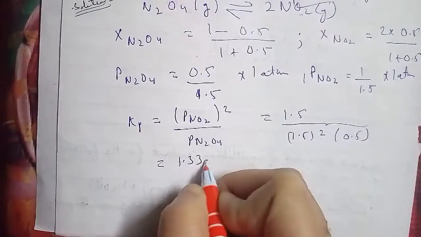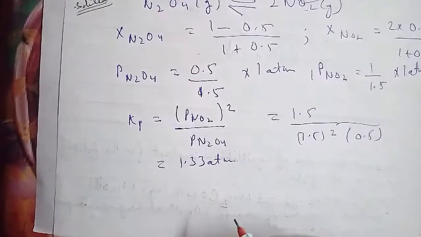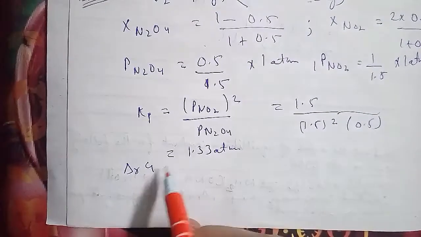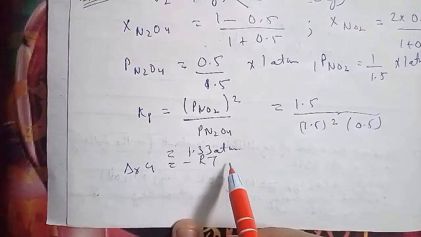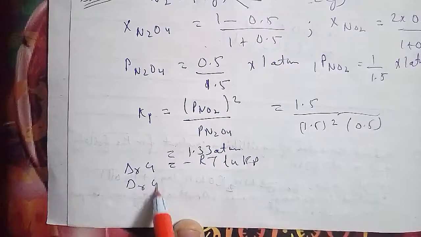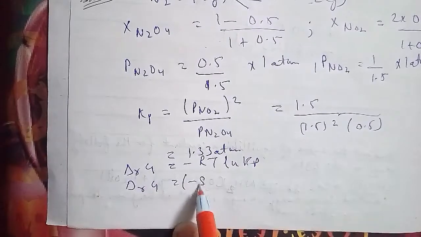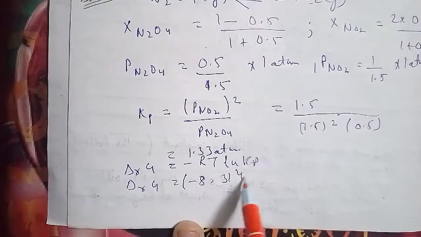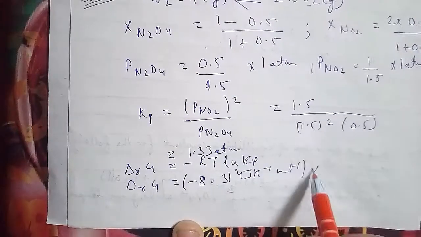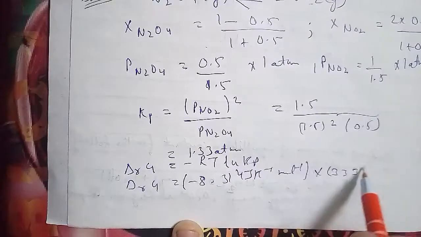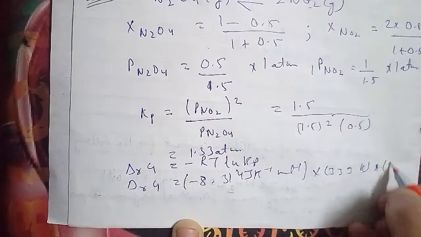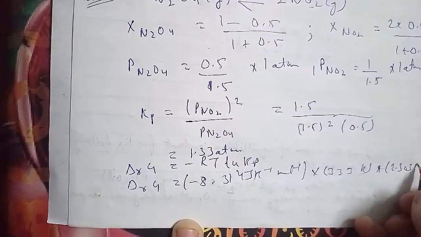So ΔrG will be minus 8.314 joule Kelvin inverse mole inverse, multiplied by 333 Kelvin, also multiplied by 2.303, and then multiplied by 0.1239. It gives you the answer that ΔrG here is minus 63.8 kilojoule per mole.